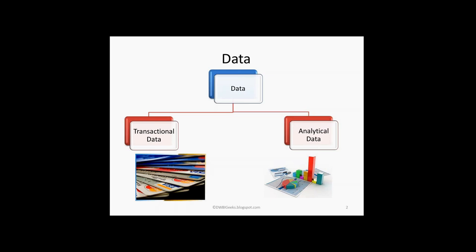As they are coming into my store and generating transactions, all these transactions will be stored in some database. Whenever the customer comes, he generates some data. All this data is nothing but a transaction that has been done by the customer. So this kind of data is called transactional data.